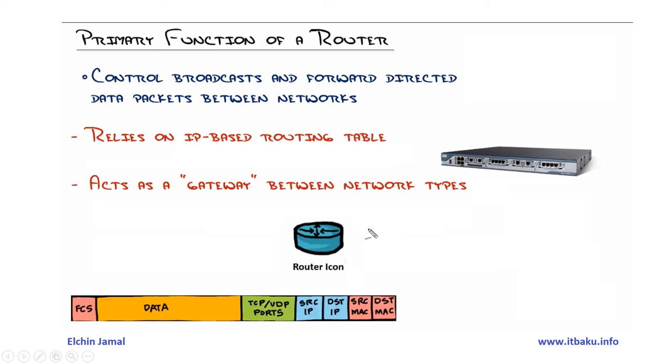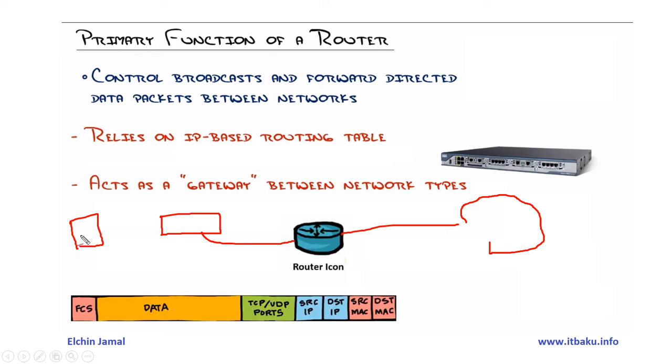And for example, if we take our router here, this interface is connected to the internet. We have a switch here which is connected to the router. We have computer 1 and computer 2. If computer 1 is going to communicate with computer 2, they're connected to the switch.